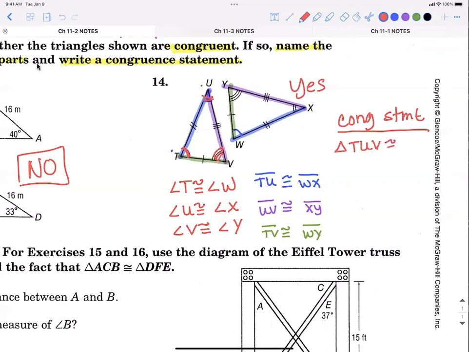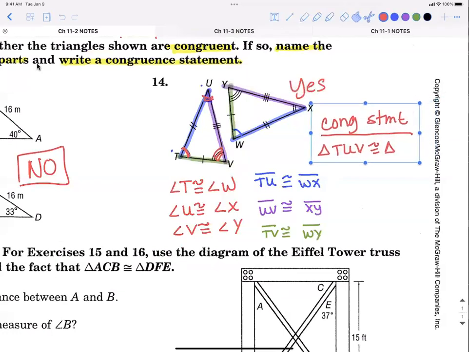So that means when I label the other one, okay, when I label the other one, I'm going to move that over a little bit. I'm also going to go first stripe, second stripe, third stripe. So that means that I'm going to do triangle W, second stripe X, third stripe Y. So I keep everything in the same order.